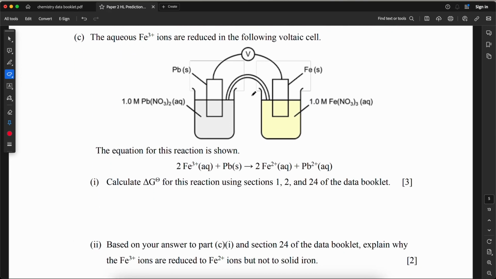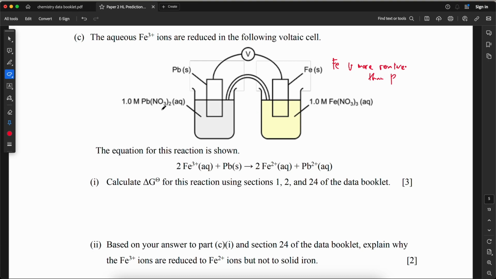The aqueous Fe3 plus ions are reduced in the following voltaic cell: Fe and Pb. Okay, Fe is more reactive than Pb.